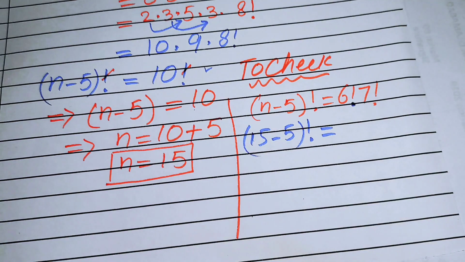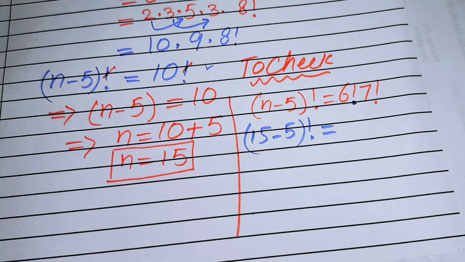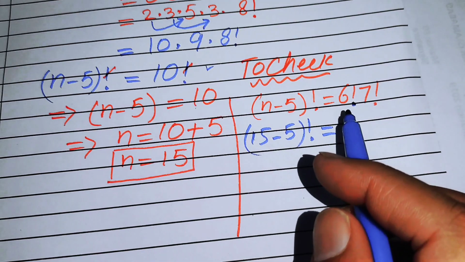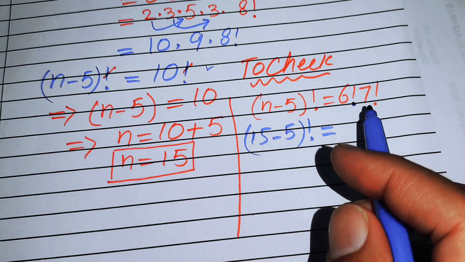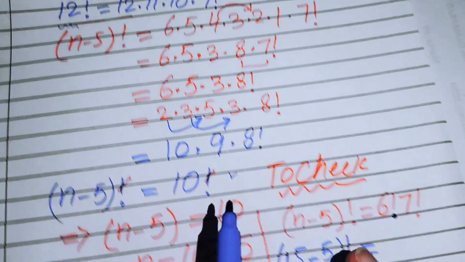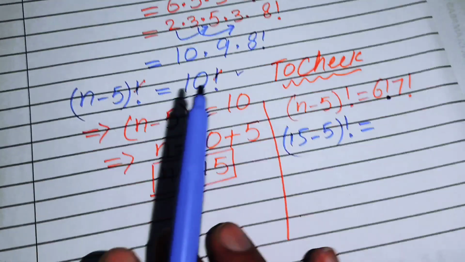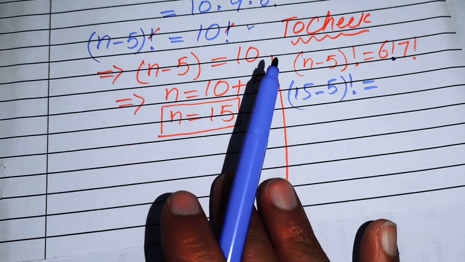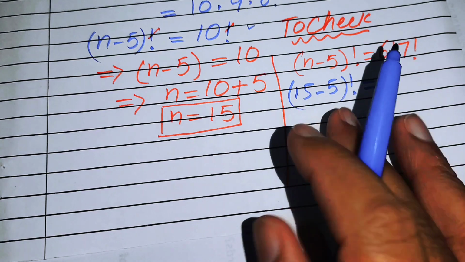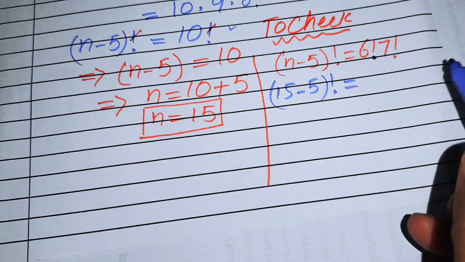Now you can use a calculator to find the values of 6 factorial and 7 factorial. You can easily find the value of a factorial by multiplying all these values, so it is up to you whether you use a calculator or solve it manually.